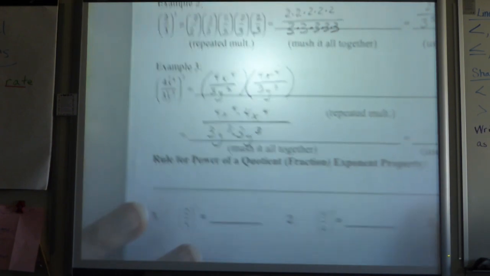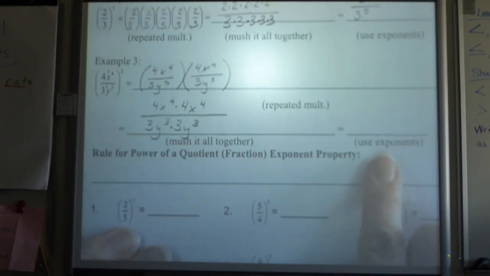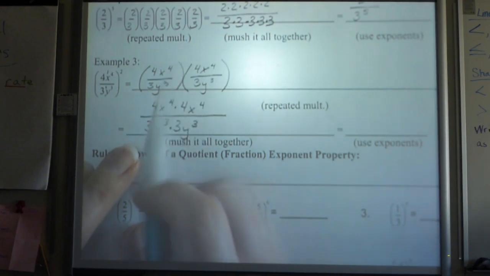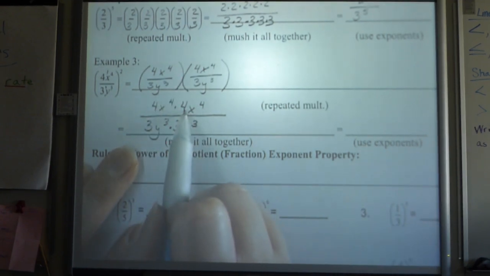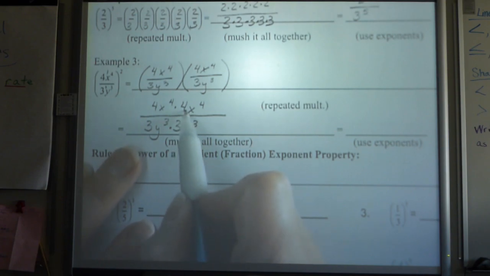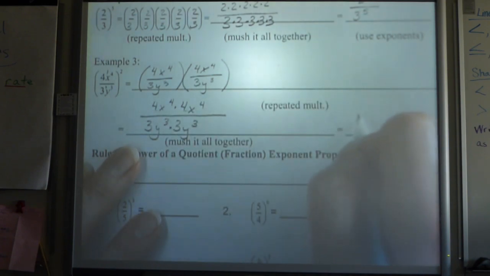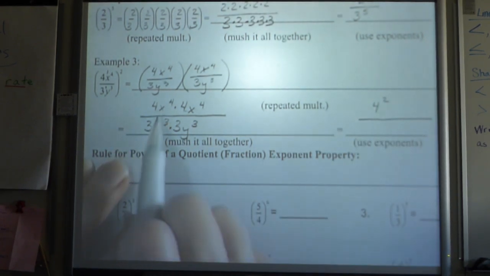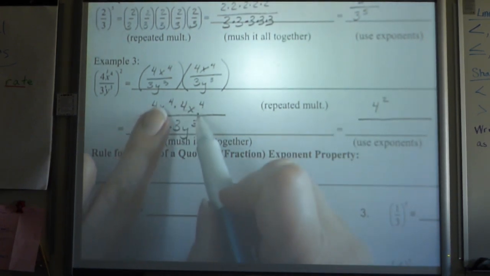And then writing that in exponential notation, we would have 4 times 4. What is that in exponent notation? 4 times 4 can be written as, good, 4 squared.